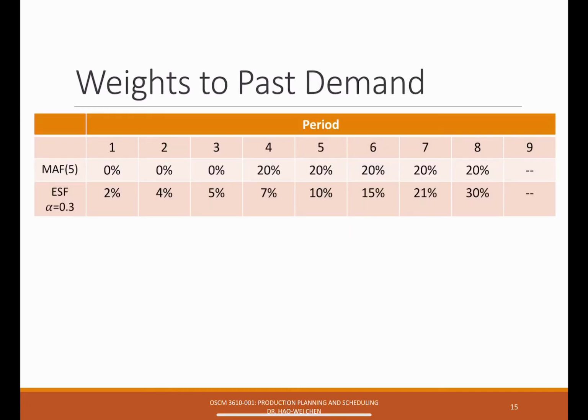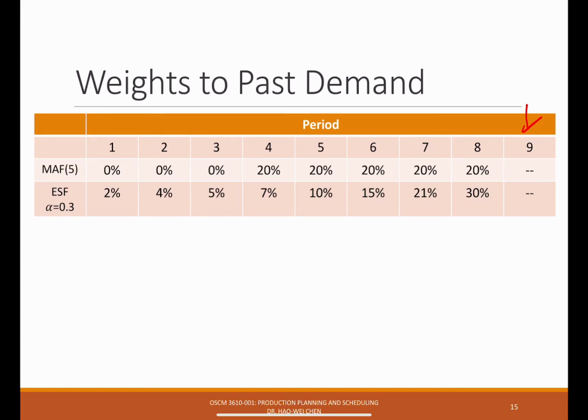And this will be a simple comparison. The first row will be the moving average with 5 recent periods. As you can see, we put a 20% weight on the 5 most recent observations. So if we want to do the prediction for period number 9, it will be 20% based on the result on period number 4, 20% on period number 5, same thing for period number 6, 7, and 8.